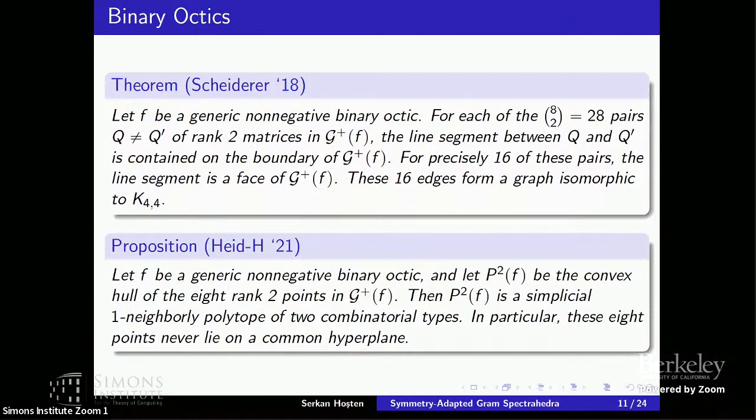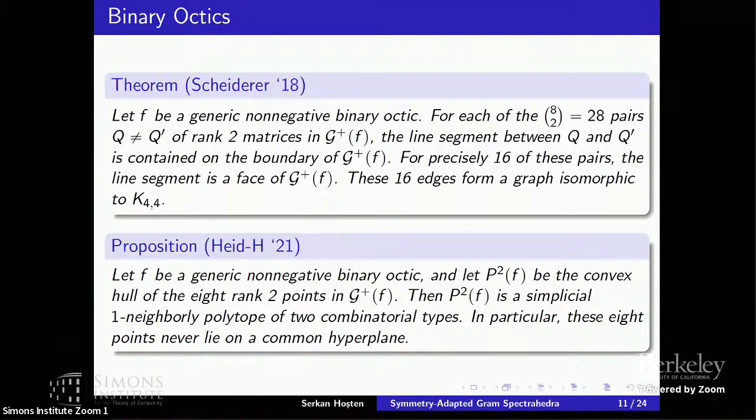Here's something else you can do. Let's take again a generic binary octic, a sum of squares. We can take the convex hull of those 8 rank 2 matrices, and you get a polytope inside the spectrahedron. This polytope happens to be always a simplicial polytope.